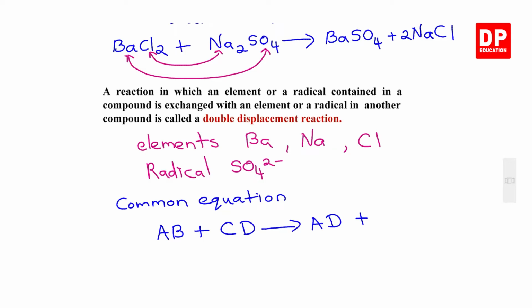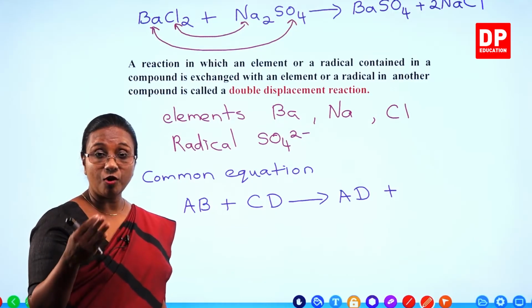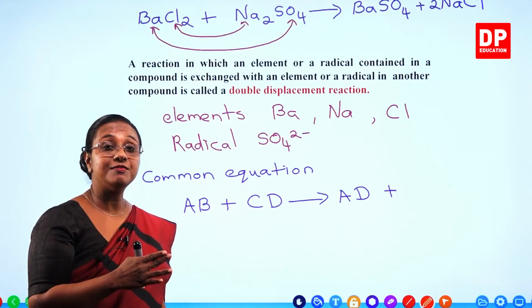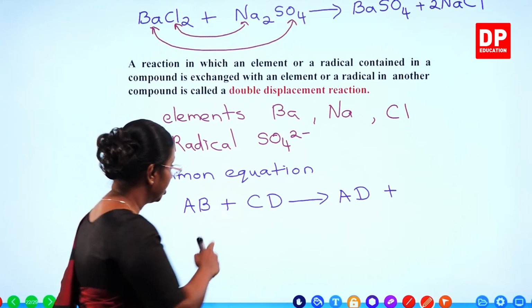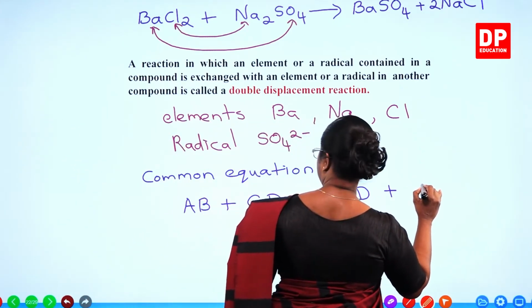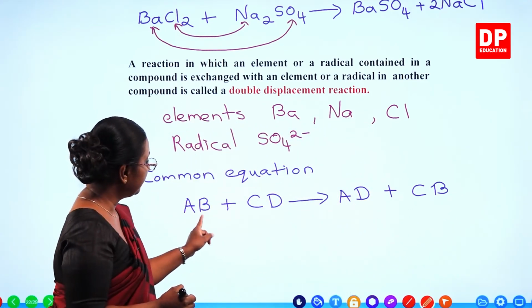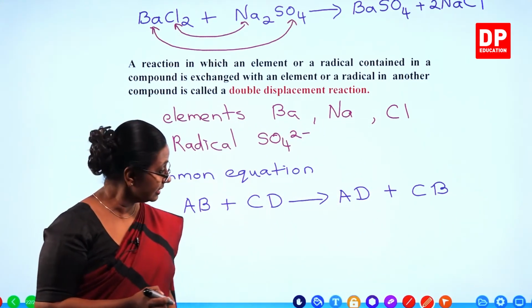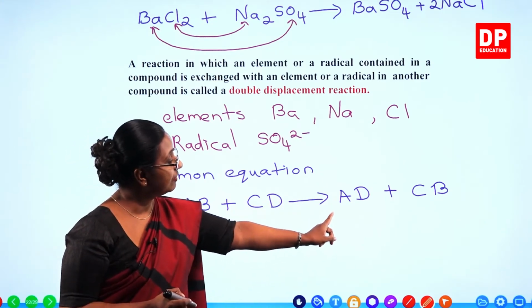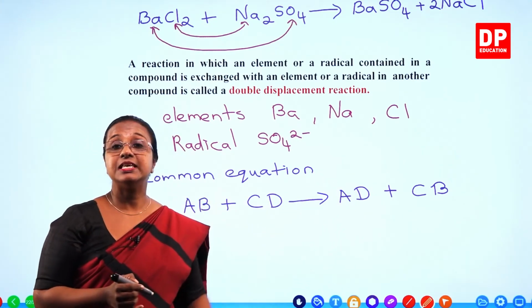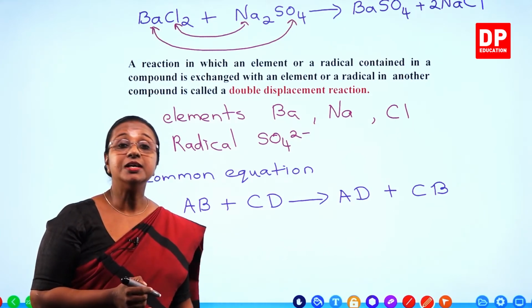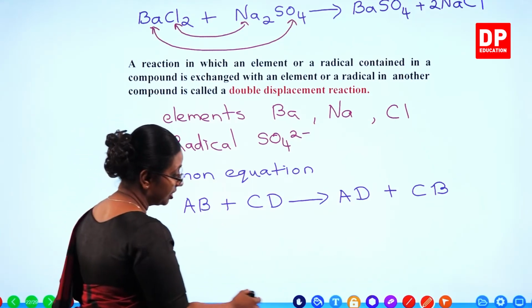You all know that, students, normally when we write chemical formulae, we write the cation first or the positive ion first. So there, of course, this will become CB. So AB and CD are the reactants. When they combine, they will form AD and CB. That is how the double displacement reaction takes place.